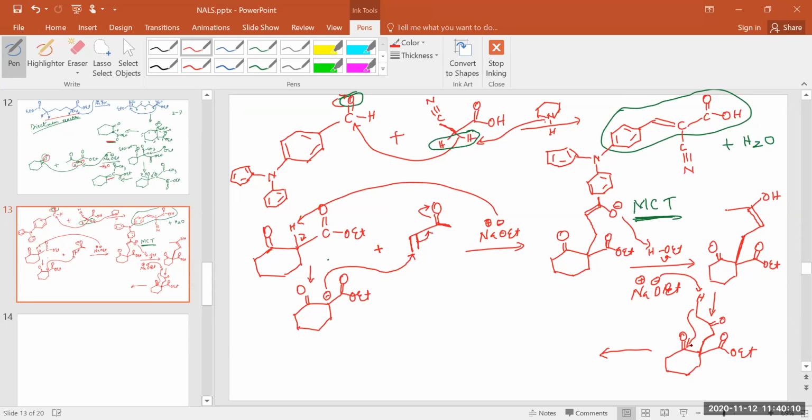Okay. So what will it form? See the ring size: 1, 2, 3, 4, 5, 6. A 6 carbon ring formation. So you have already one 6 carbon ring. So it will be like this, and here you will have O minus, and this will be 6.